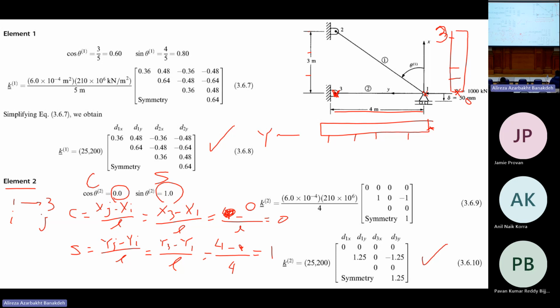Without supports, we have 3 nodes. Each node can move in 2 independent directions, X and Y. And that means we have 6 degrees of freedom. Okay, we later on put some supports, that's another story. But before talking about supports, we have 3 nodes and 6 degrees of freedom.